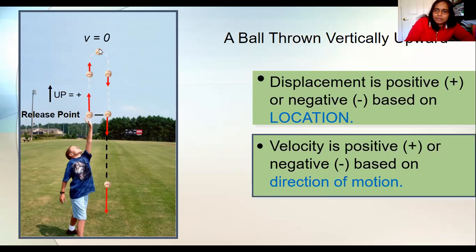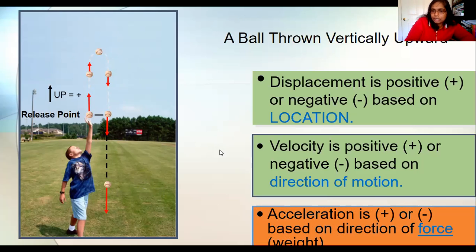At the top point, velocity is 0, so we don't need to worry about whether it is positive or negative. Now it's coming down, going opposite to the positive direction, so velocity is negative. After passing the top point, the ball's velocity will be negative until it hits the ground.